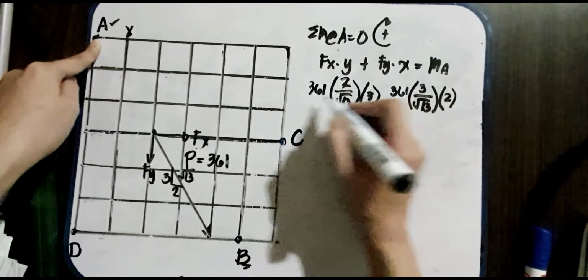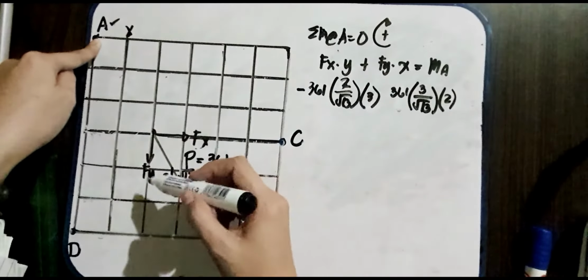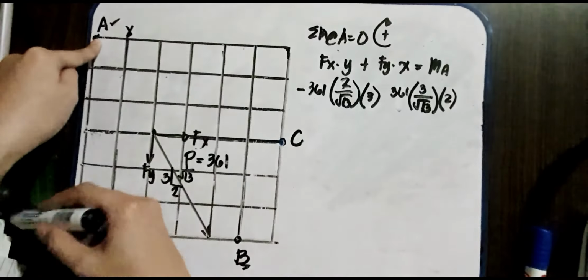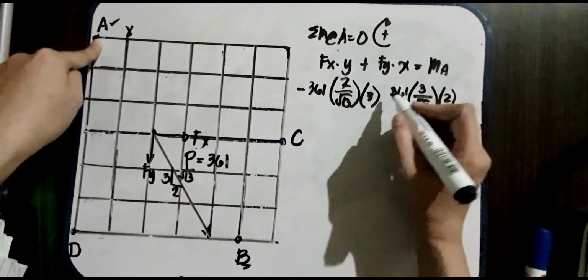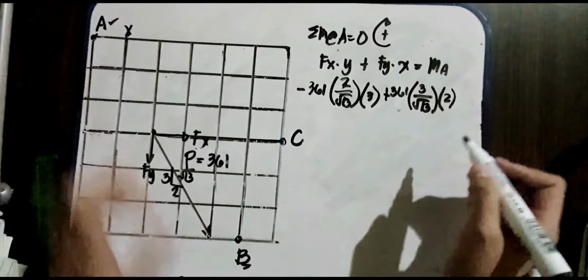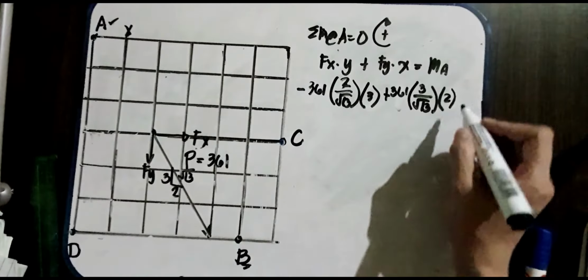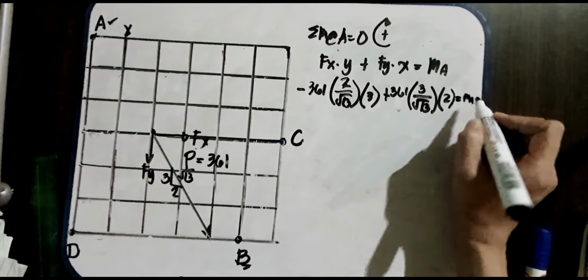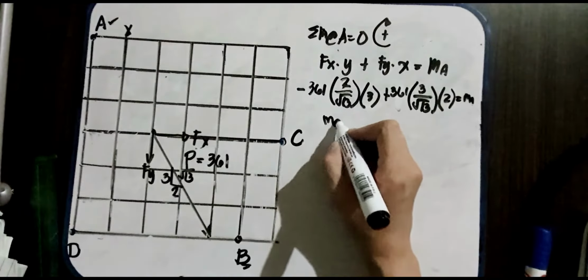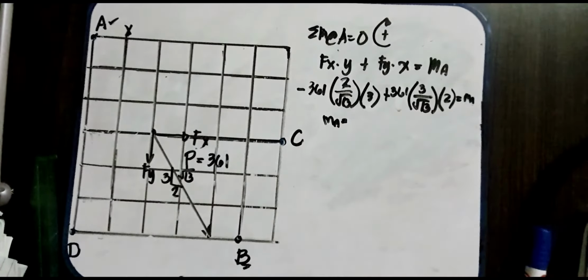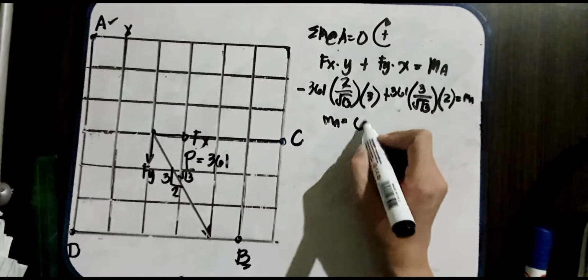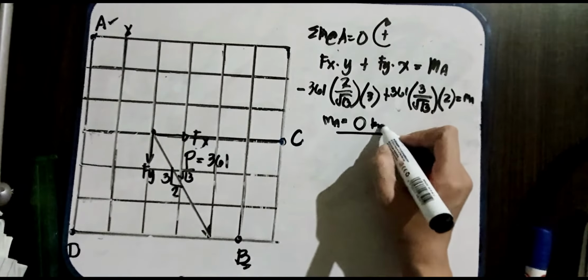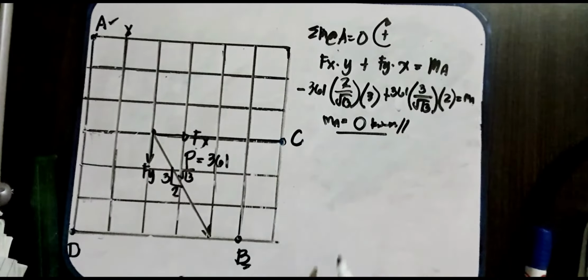So we have negative 361. How about yung fy? Yung fy kasi natin, dyan yung rotation yan pababa. So that is positive. So i-multiply lang natin siya, plus lang natin to, that is your moment A. So your moment A para sa force P is equivalent to 0. So that is your moment in kilonewton meter for moment A.